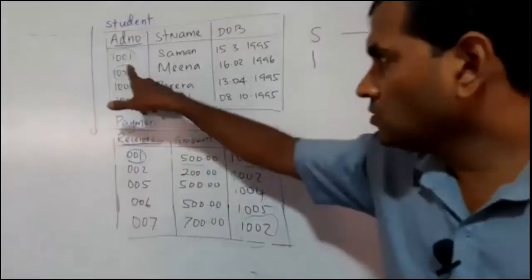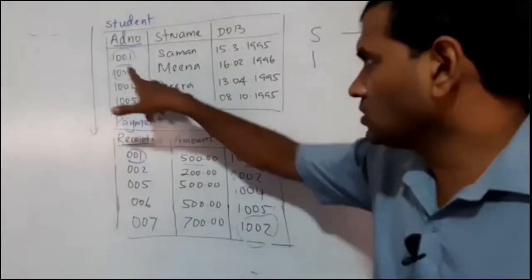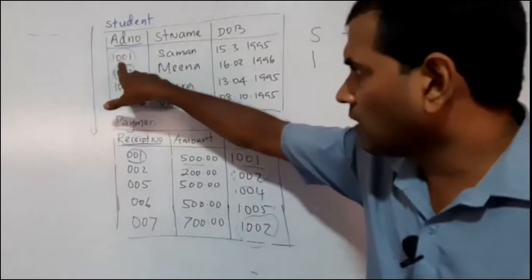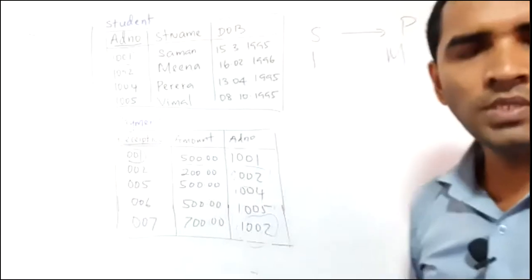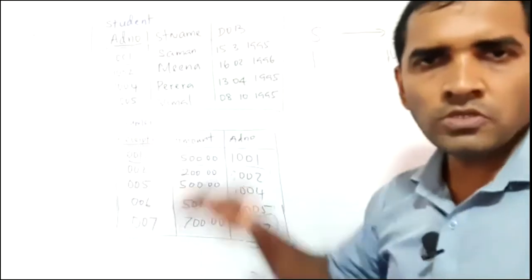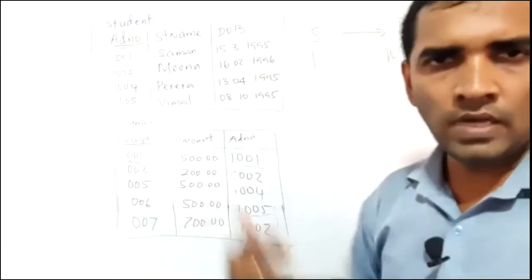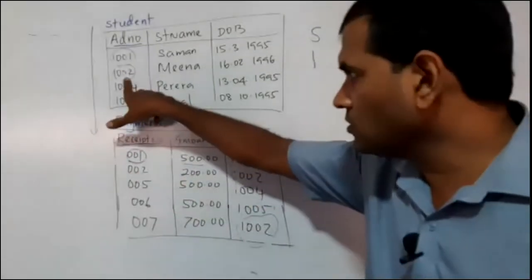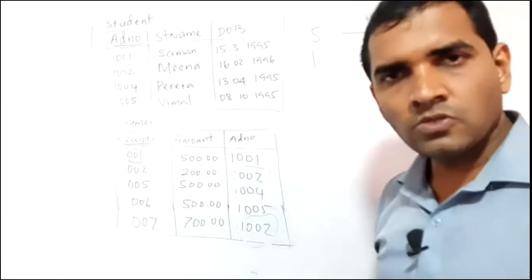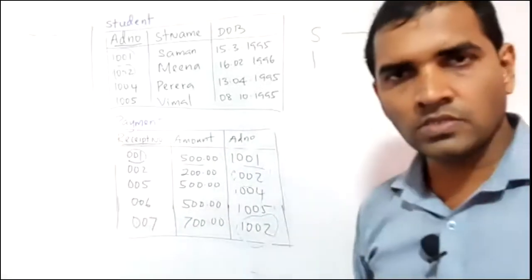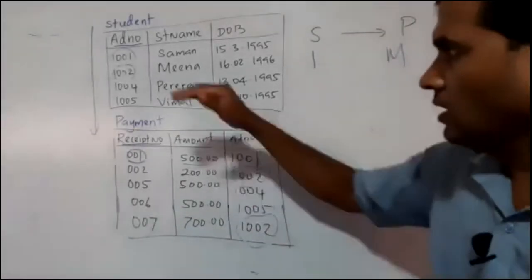Okay, so you can ignore that one-to-one, right? Even though 1001 has only one similar record, that cannot be taken into consideration. You have to check the higher values. So here 1002 has many similar data, so that must be taken into consideration. So it is one-to-many.